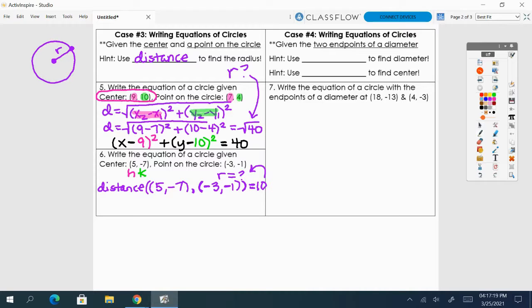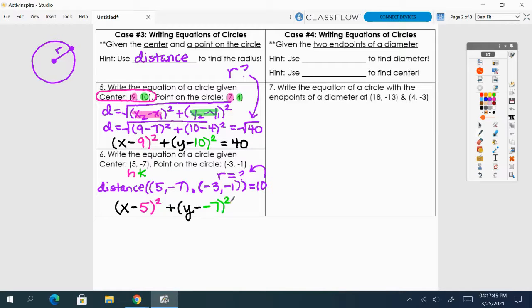We now have all the information we need to write the equation of a circle. We have the center, h and k, and the radius, so we go right to writing it. Start your parentheses. We have x minus h. In this case, h is 5. Close the parentheses and square it. Plus, start your parentheses y. We're going to subtract the k, which is negative 7 in this case.